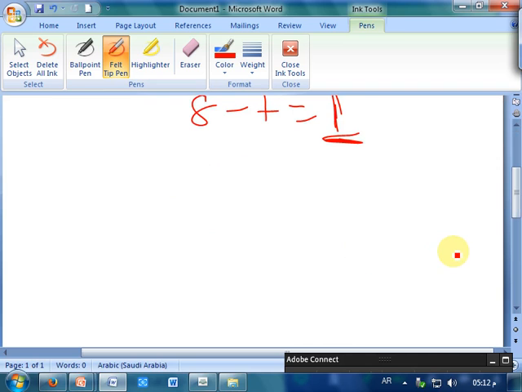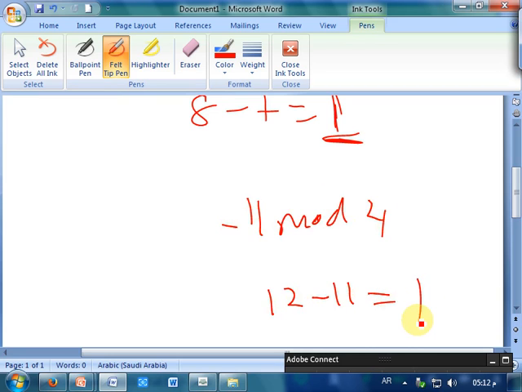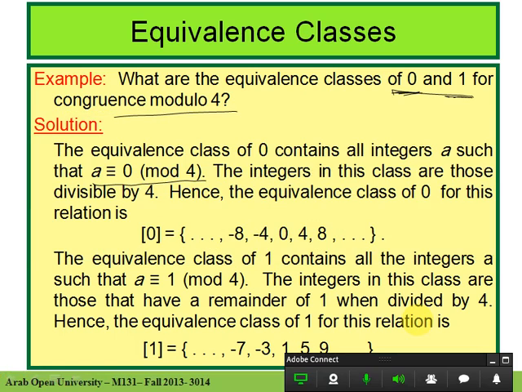Like this, for example -11 mod 4: 12 minus 11, 1. So these are the equivalence class values for the element 1.